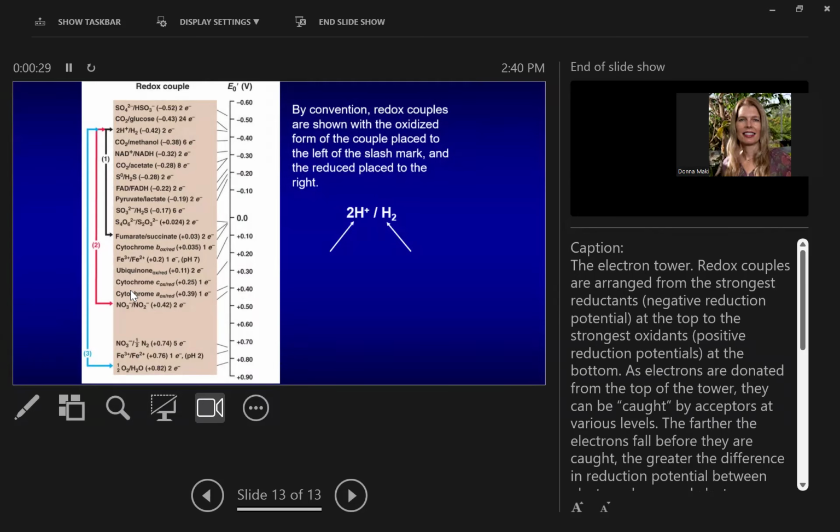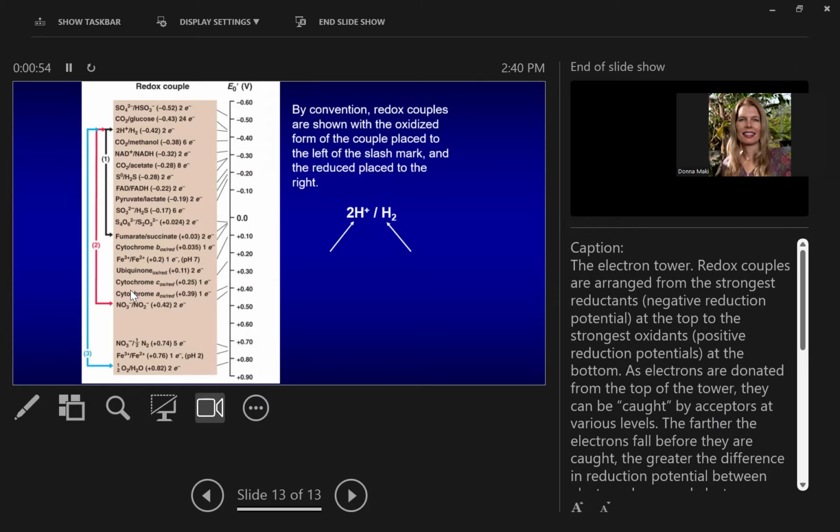And the partner that's got all of its electrons, fully reduced, is to the right of the slash. Then we have the reduction potential scale, starting from nice negative numbers up top to 0, and then nice positive numbers toward the bottom.